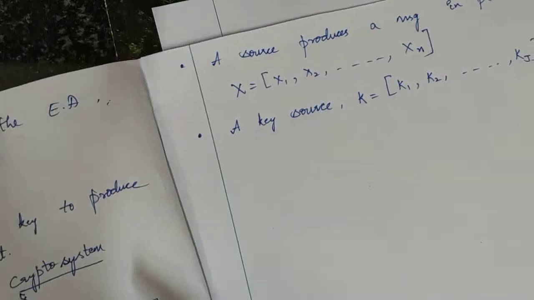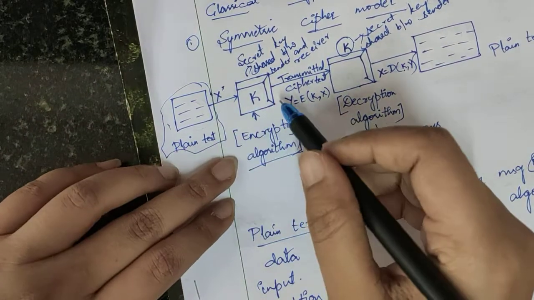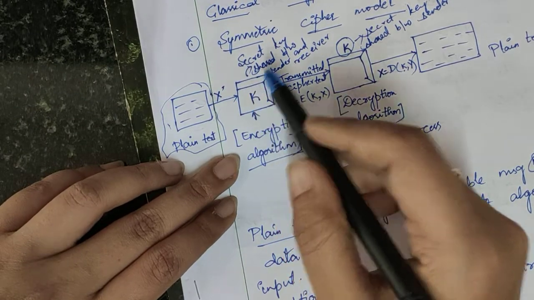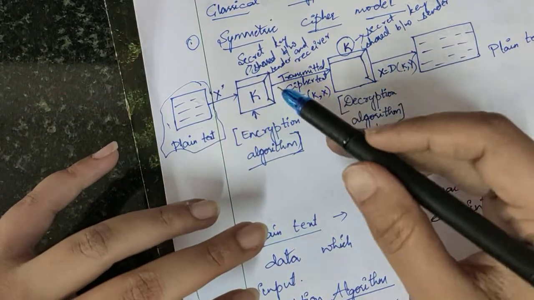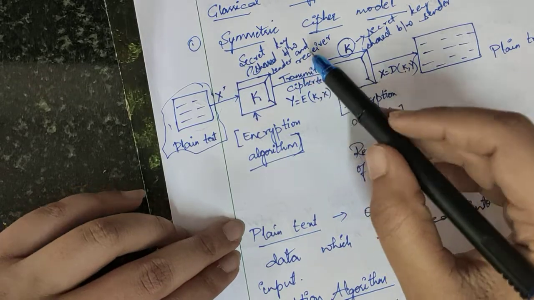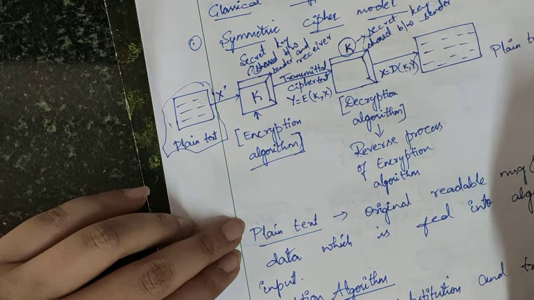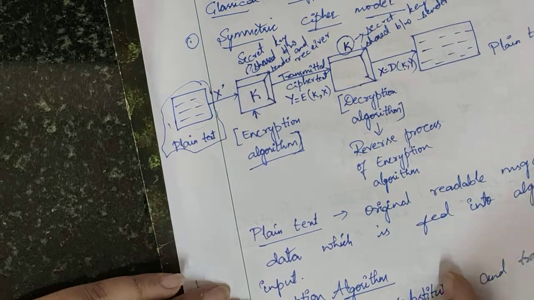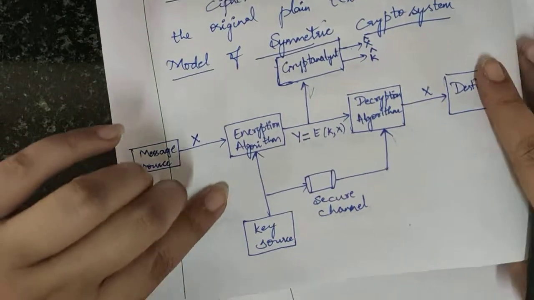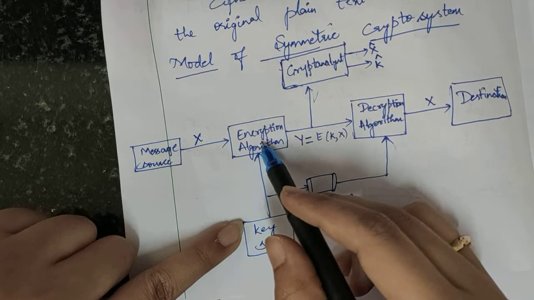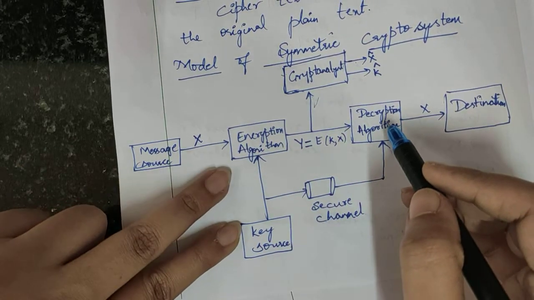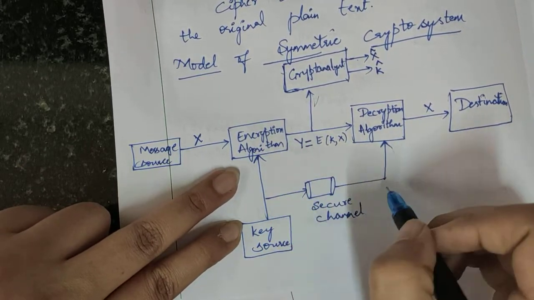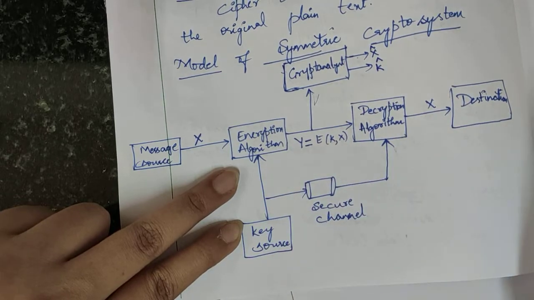As we have seen here, for encryption we need a key, and after encryption you will get a ciphertext. In order to convert this ciphertext back into plain text, again you need the key. So the key source is common to both encryption and decryption, and using a secure channel we are connecting the both.